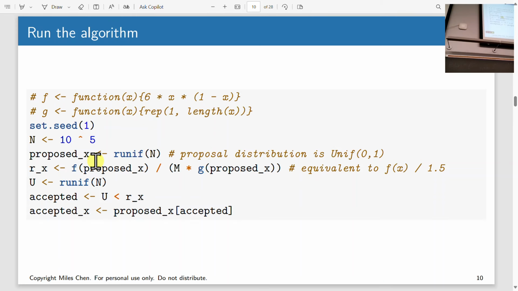If I plug in 0.3, I get 0.3 times 0.7 times 6, so 0.21 times 6, 1.26. So I'm going to get 1.26 divided by 1.5.